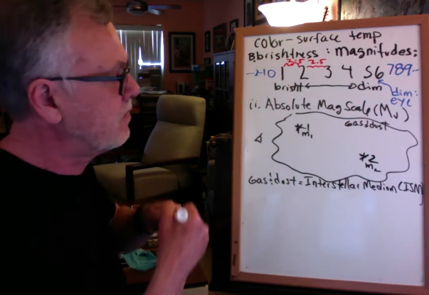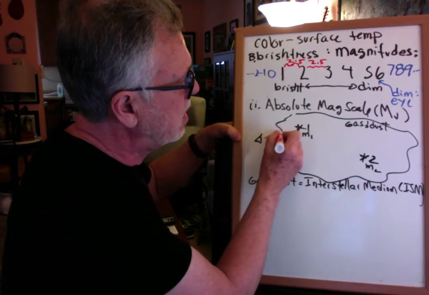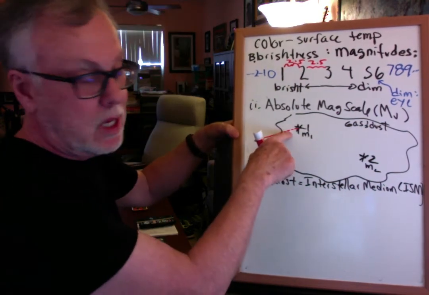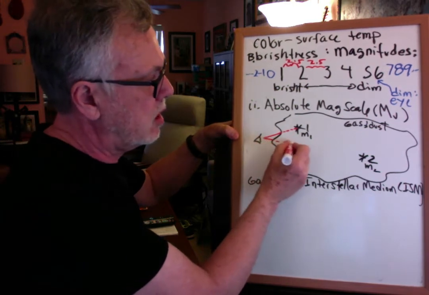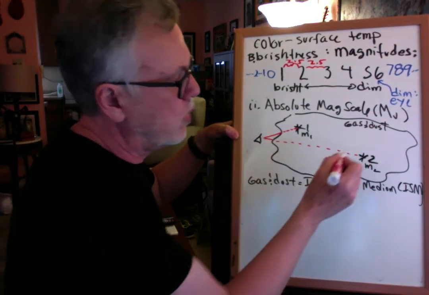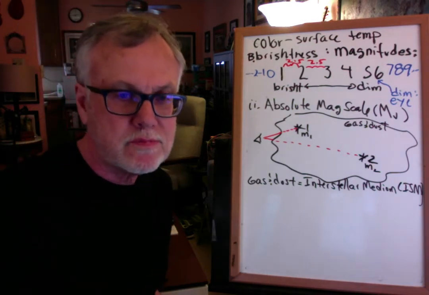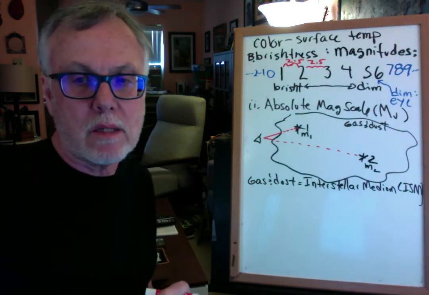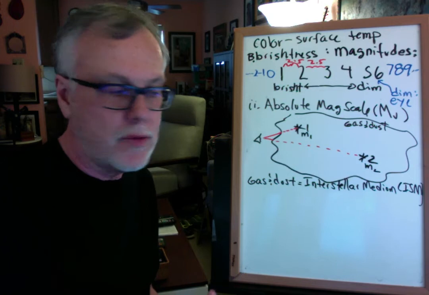So look at this. Let me explain that. If I look at star 1, it turns out that I'm only looking through a little bit of gas and dust, whereas if I look at star 2, I'm looking through a lot more gas and dust. So if I just ripped away all that gas and dust and got rid of it, what would happen to the brightness of the stars?